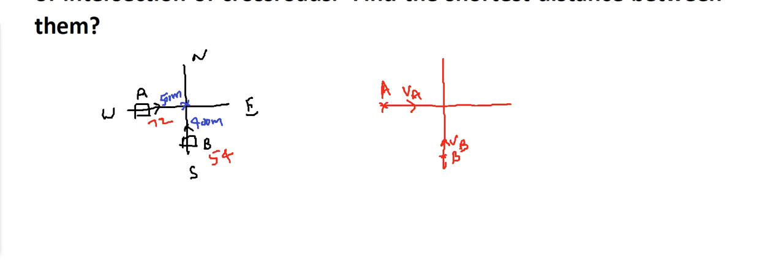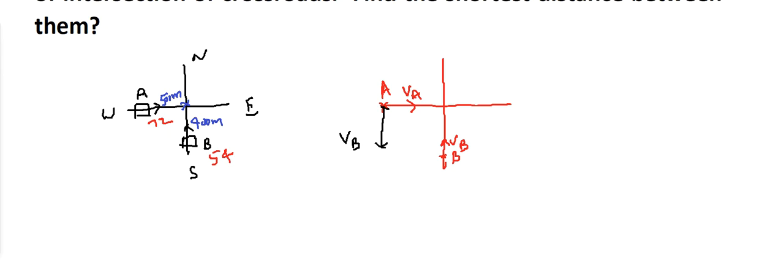Now, with respect to B, I want to calculate velocity of A. So reverse the direction of B. B is actually moving south to north, so imagine it is moving north to south. This is my VB. VA is more and VB is less because VA is given 72 kmph and VB is given only 54.